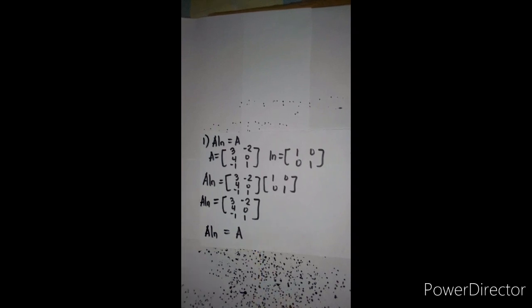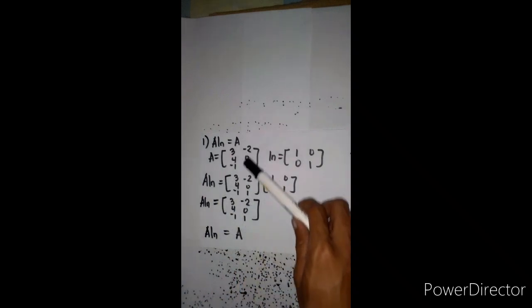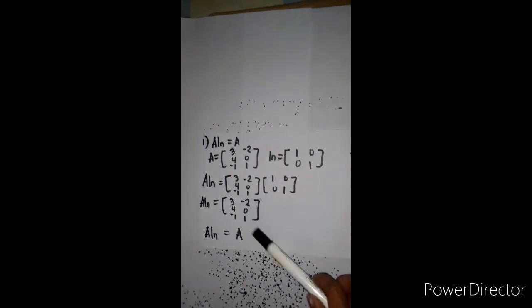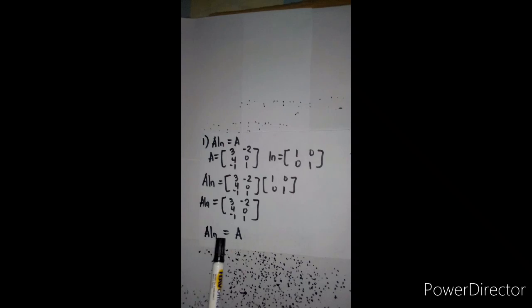As you observe, the result is just like the value of matrix A. They are both the same. So we can say that A multiplied by I subscript n is equal to A.